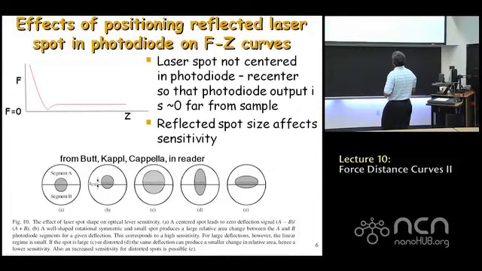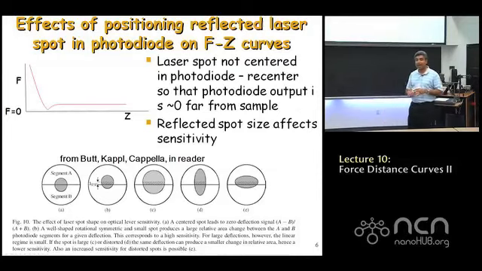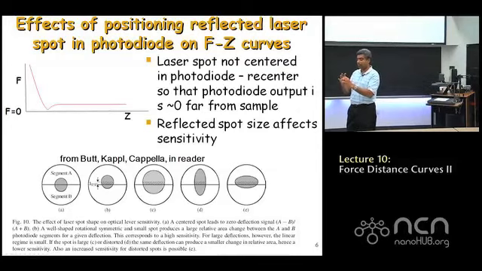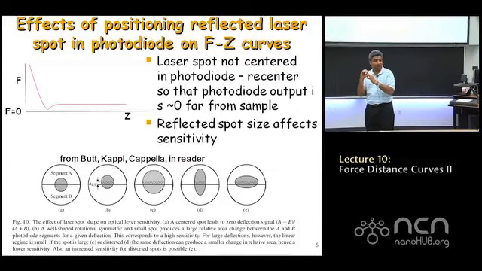But it's also important to keep in mind, this is a very important thing, that the sensitivity of your FZ curve really depends on your spot, how it falls into the photodiode, okay? So these are 4 cases, B through E, that show the following situation. Let's say you begin with a situation where your laser spot is perfectly centered in the photodiode, so 0 deflection, okay? Now, let's say you bring the cantilever, press on a sample.